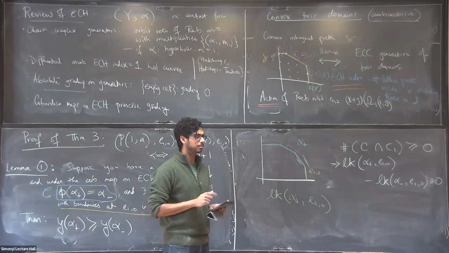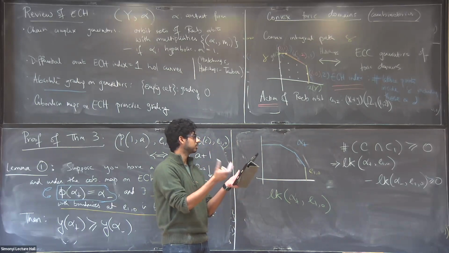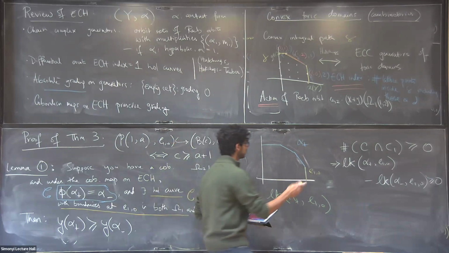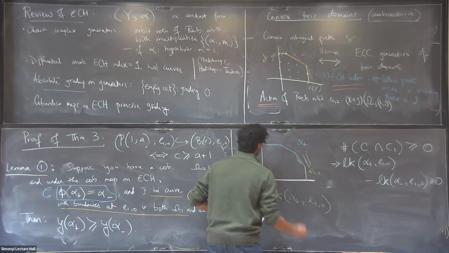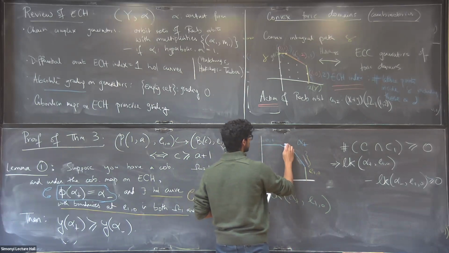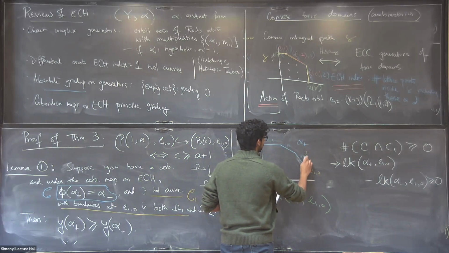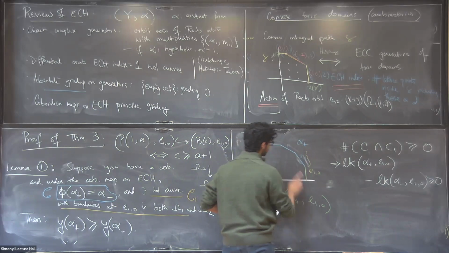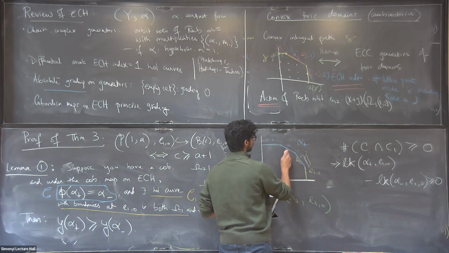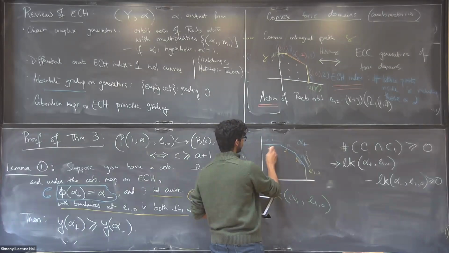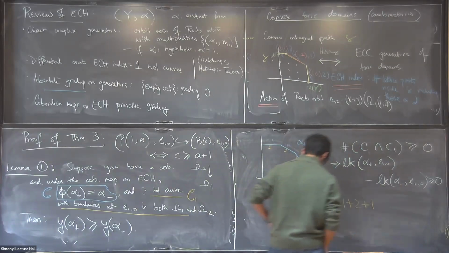The linking between Reeb orbits with holomorphic curves that have ends at different Reeb orbits is just the topological linking between them. So if this was, say, 0, 1, 2, 2, 1, these are orthogonal. The linking for this one would be 1, the linking for this one would be 2, and the linking for this one with E10 would be 1. So 1 plus 2 plus 1.